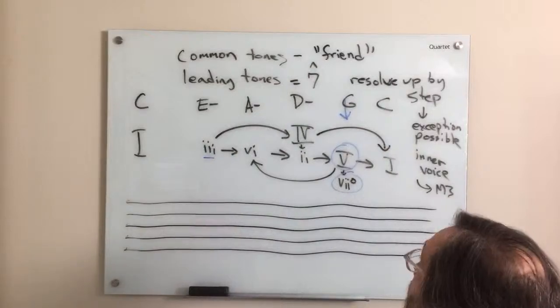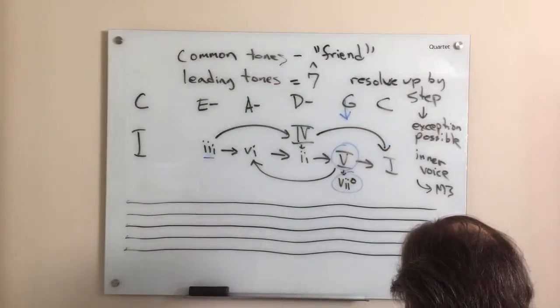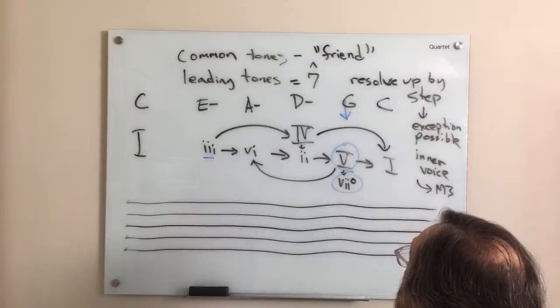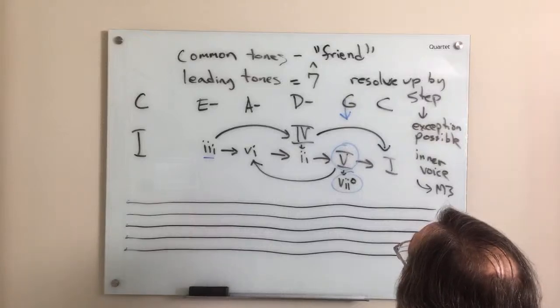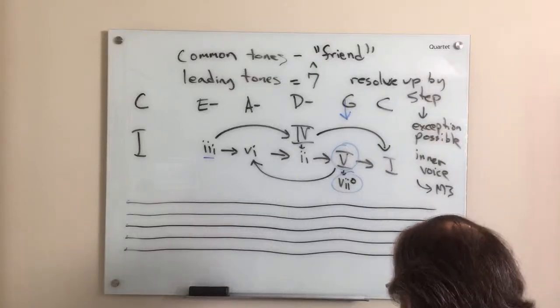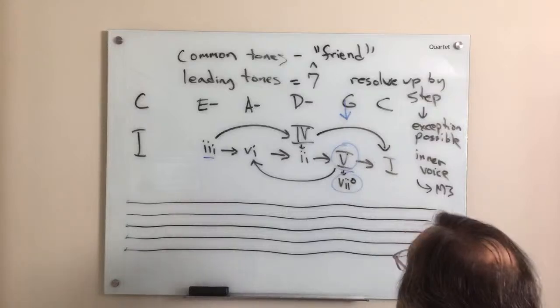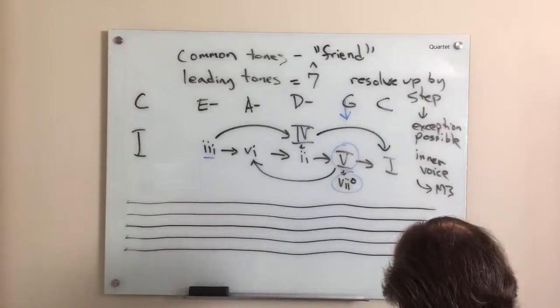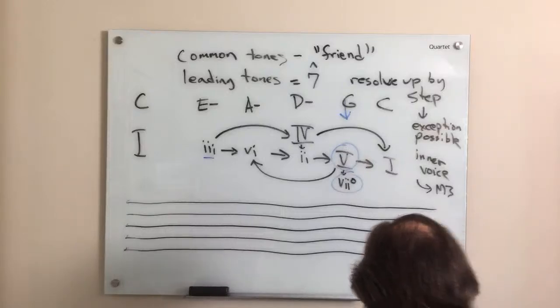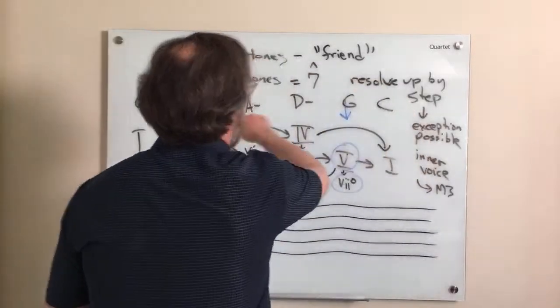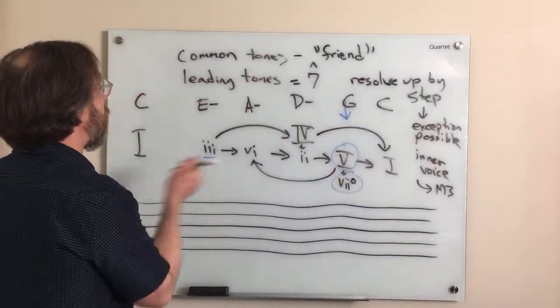So if we look at that, the E stays as a common tone to the A minor, and the other 2 move by step, but they're not leading tones. Here, the A stays the same as a common tone. Now between the D minor and G, the G stays. So we have one note that's a common tone when you're going through the circle of fifths. Always one note, right?